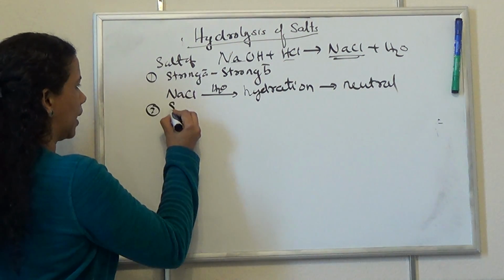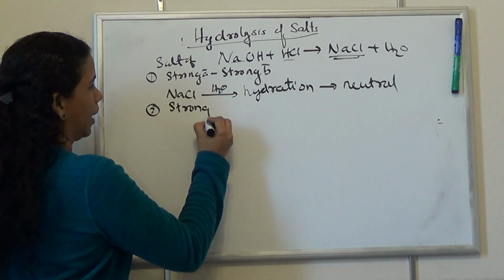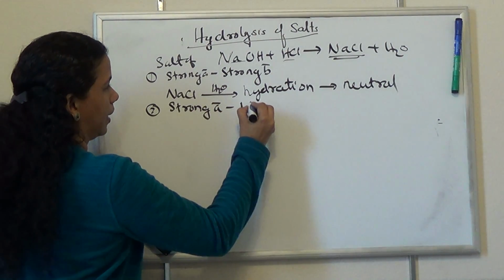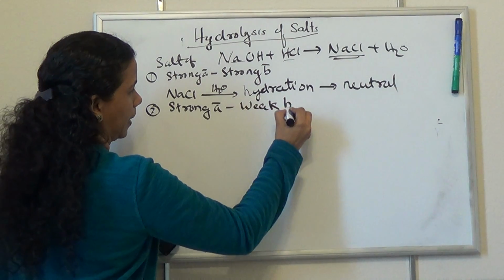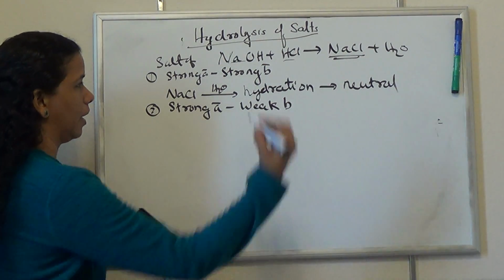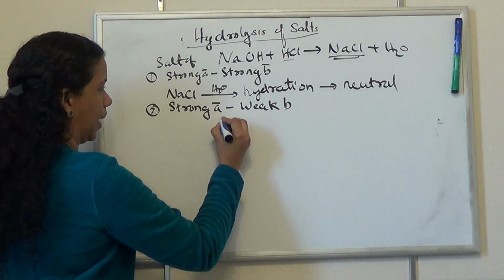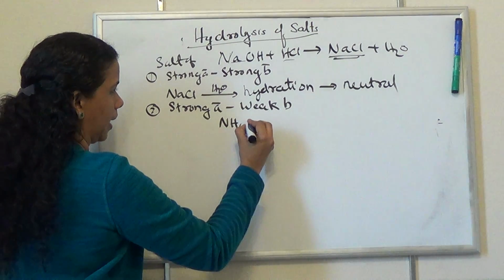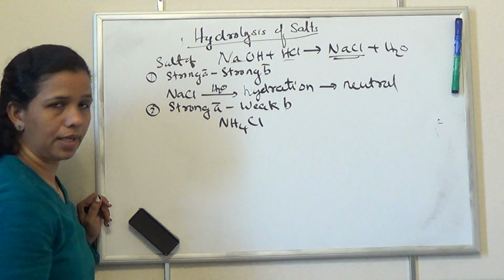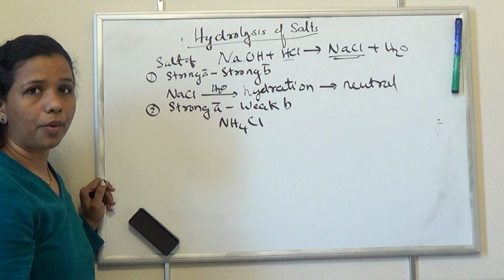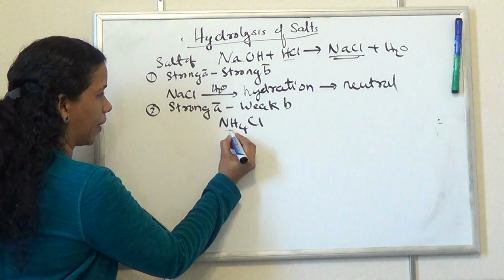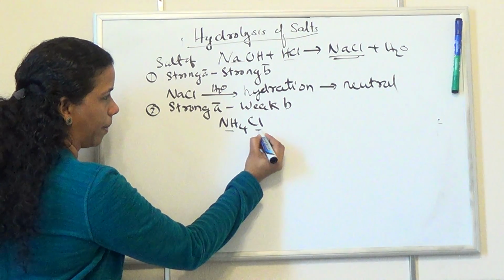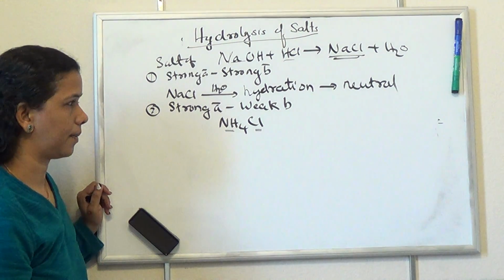Then second, we'll consider salt of a strong acid with a weak base. We'll take an example. Strong acid HCl combined with ammonium hydroxide will give a salt called ammonium chloride. So this is a part from a weak base and this is a part from a strong acid.